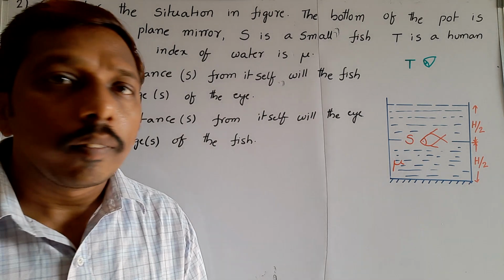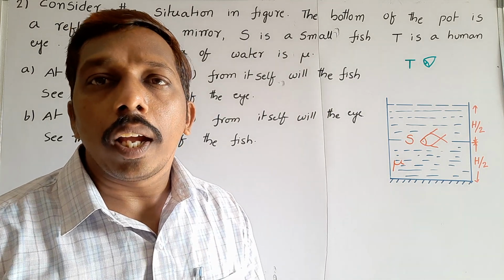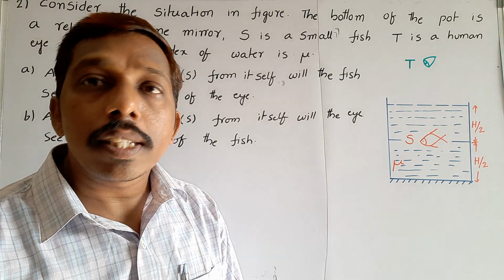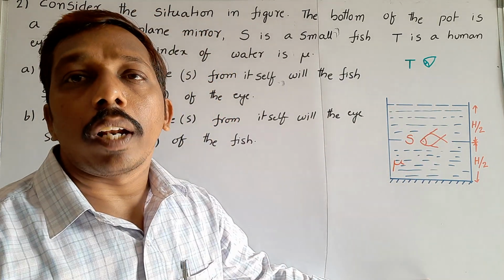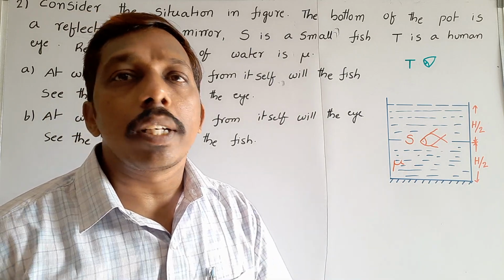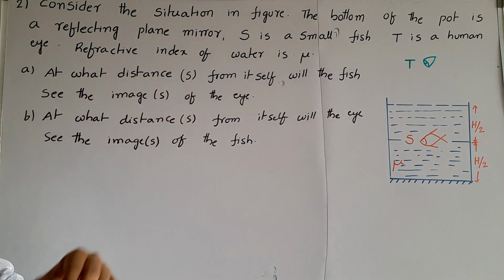Actually here this fish sees two images of the eye. One is a direct observation, and the second one, this eye image, will be formed inside the mirror. That is the second situation. So two times it can see. That's why it asks at what distances from itself will the fish see the images of the eye.